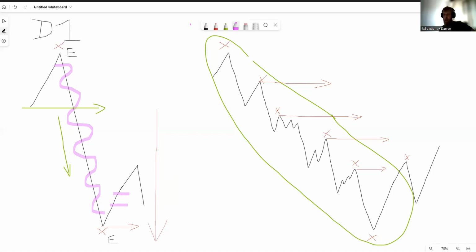And then where would we target? External. External would be up top here. So if we're taking the trade idea from here, this would be internal, and you'd be targeting external over here. And that's how essentially the market would move. It goes from one internal to external and one external to internal.